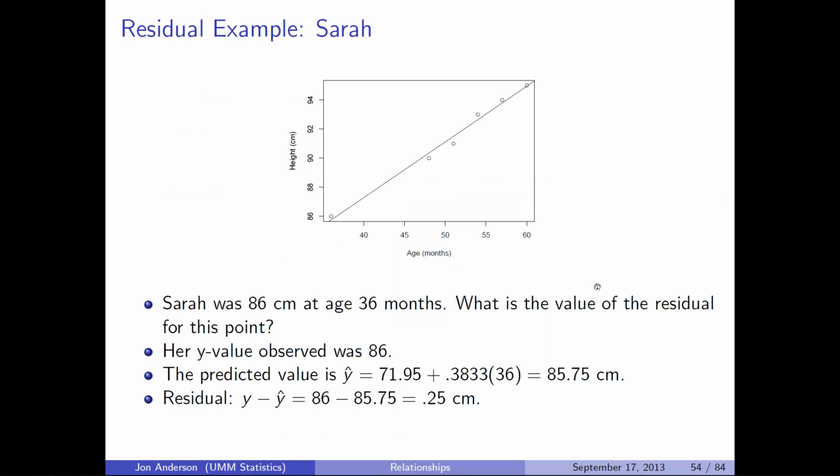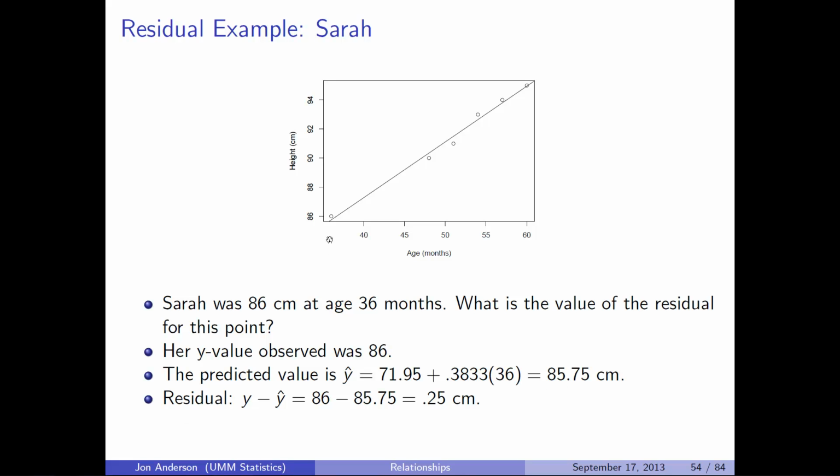When we look at an example from Sarah, we will notice that Sarah was 86 centimeters in height at 36 months. That's this data point right down here. And notice that that data point, her height, is just a little bit above the summary line. And remember, we projected the summary estimated height to be 85.75 centimeters.